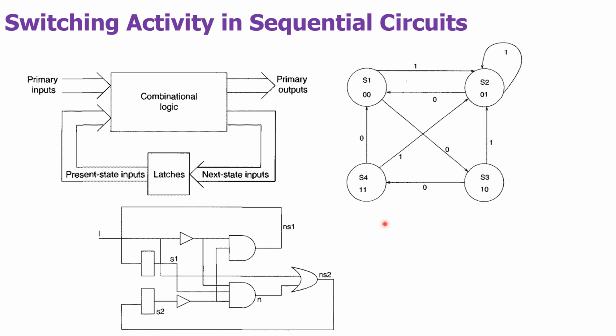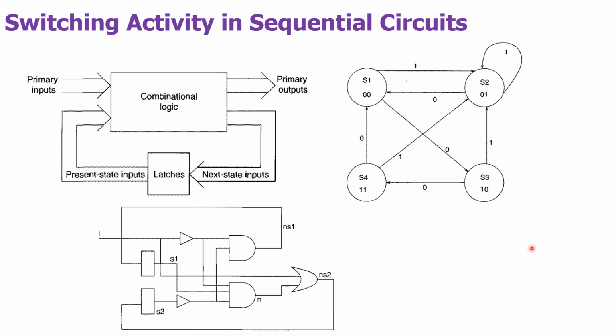So from this state diagram, this logic diagram can be drawn. It has inputs, state 1 and state 2, that is the present states, and the next state 1 and next state 2. So from the state diagram, draw the state table. From the state table, we draw the logic diagram.